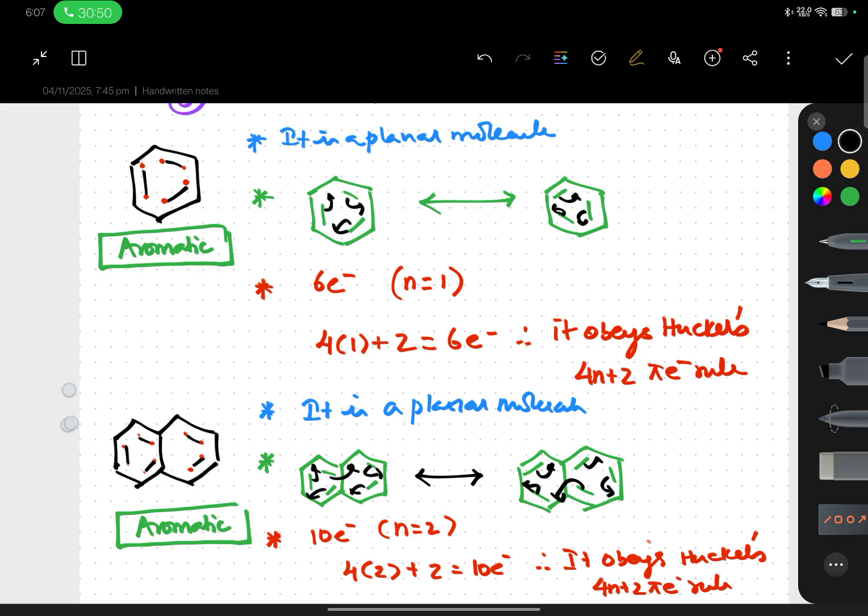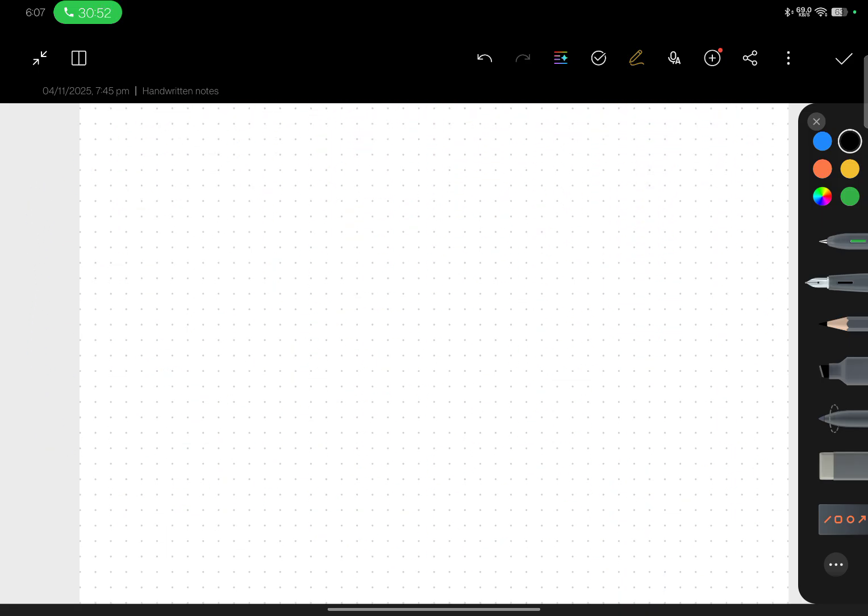Copy it, sir. Superb. Now let's go for the next molecule. I'm just doing only the molecules in your textbook, okay? What is this molecule called? This is called anthracene.